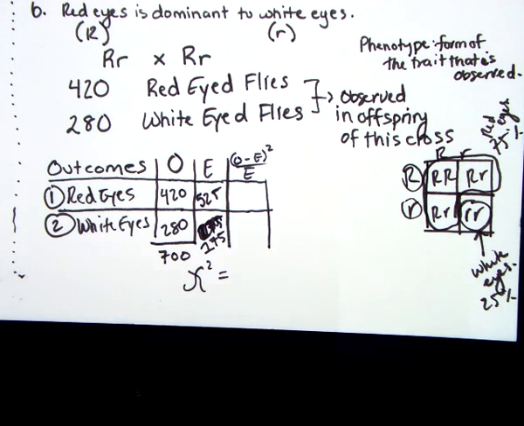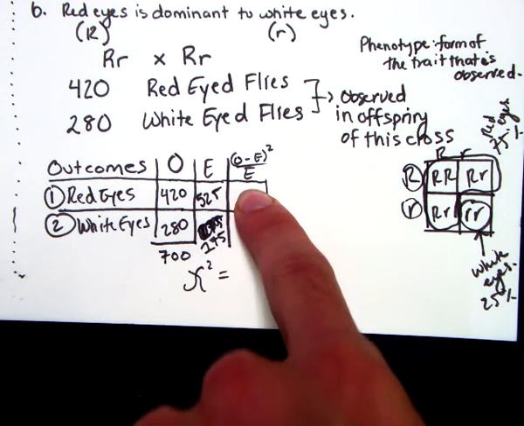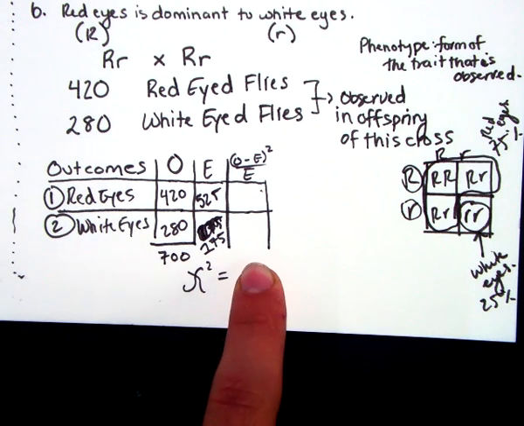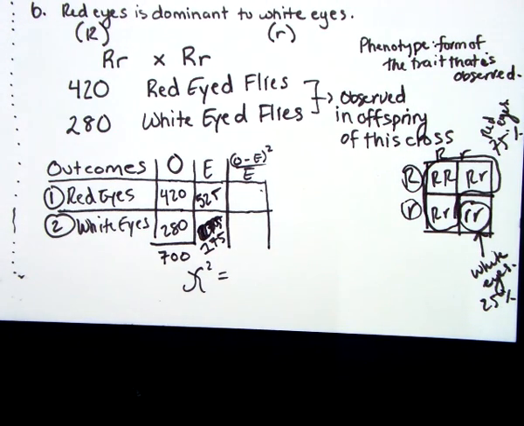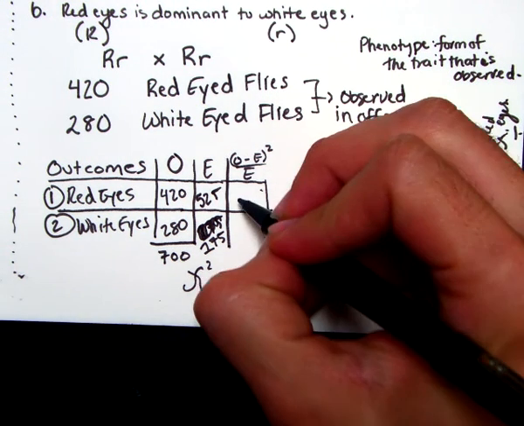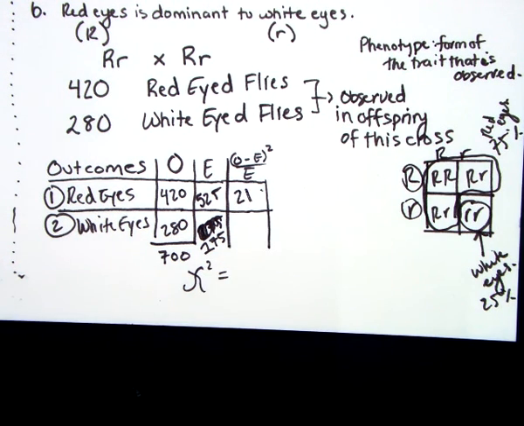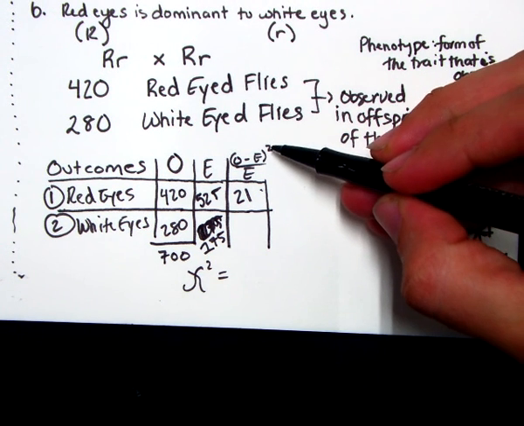So, Sarah, what did you get for this calculation for red eyes right here? That's okay. You got 21. Give me a thumbs up if you got 21 as well. Yeah, looks like you got some consensus. Yes, this should be 21. Right there, 21. If you got a significantly smaller value, make sure you squared your value here.